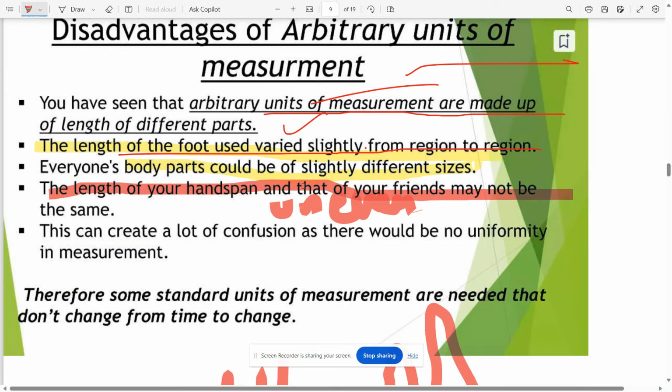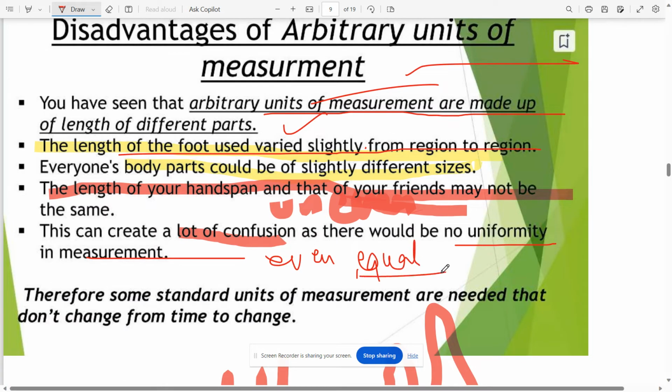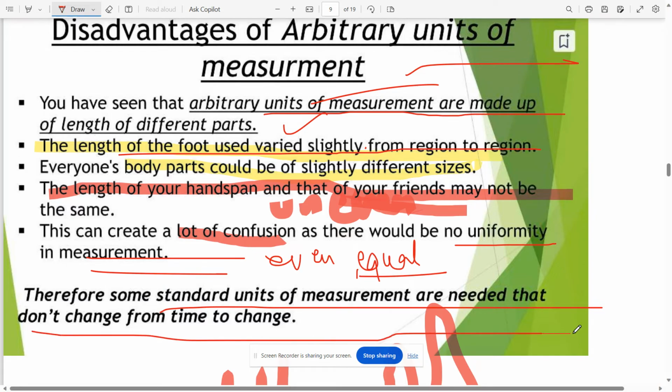So the length of the handspan and that of your friends may not be the same. This can create a lot of confusion, as there will be no uniformity in measurement. Therefore, some standard units of measurement are needed that don't change from time to time.